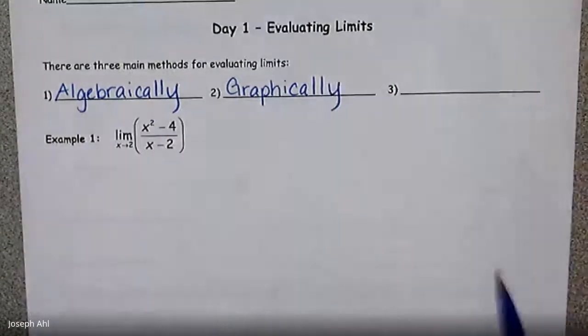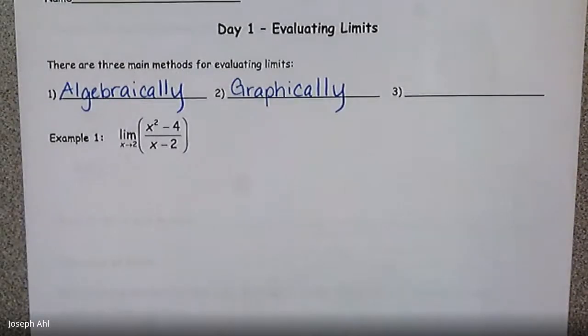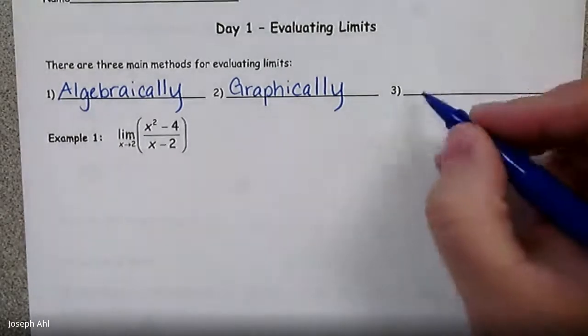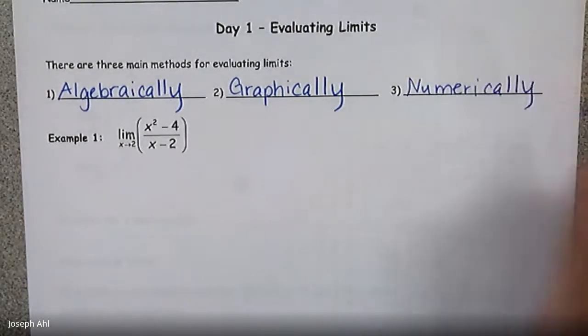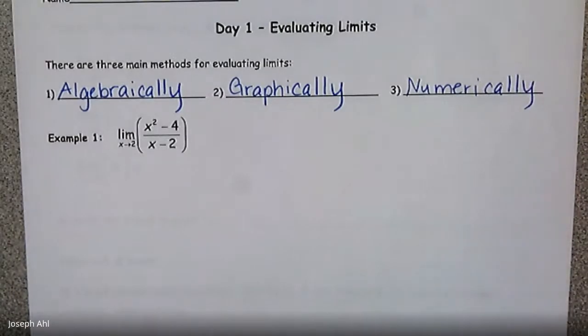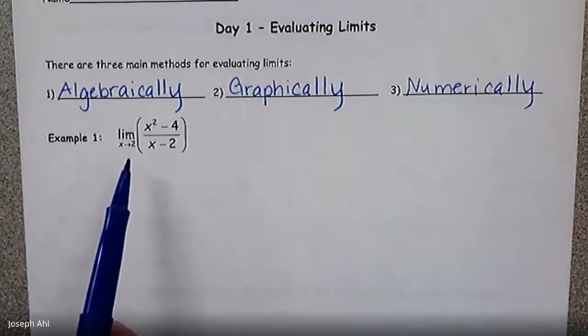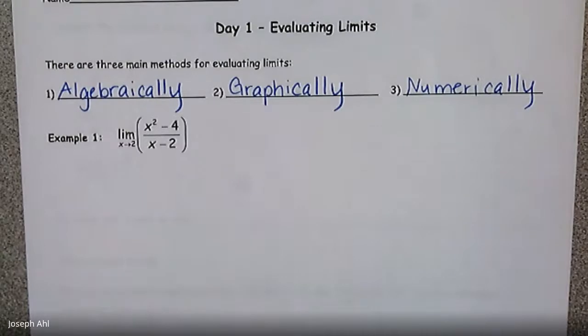There's a little bit of a caveat to that, but we would look as x approaches some value, in this case as x approaches 2, are we getting closer and closer to some specific y value? That would be a graphical approach. And then finally, we will take a look at a numerical approach. Numerically would be by testing some values in a table-like format, where x gets really, really close to 2. We'll analyze the y values and determine if the limit exists.